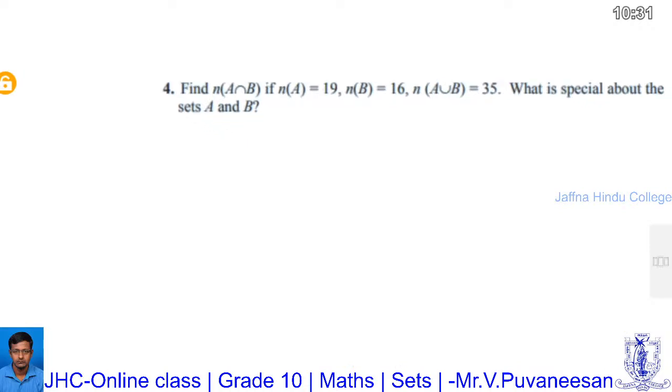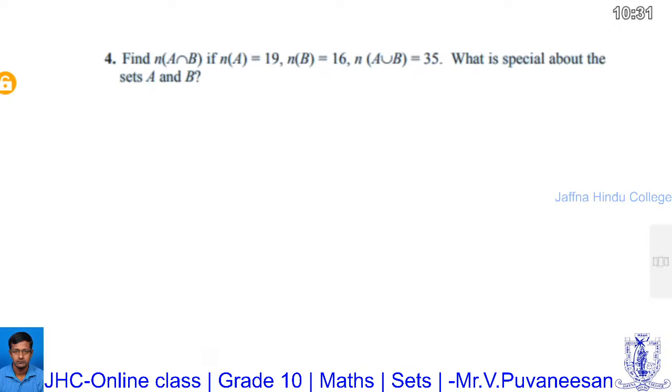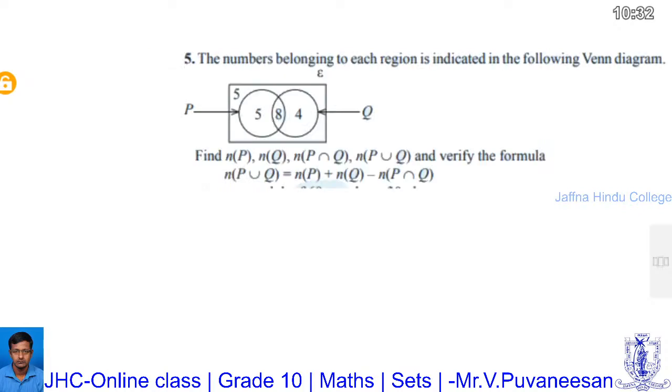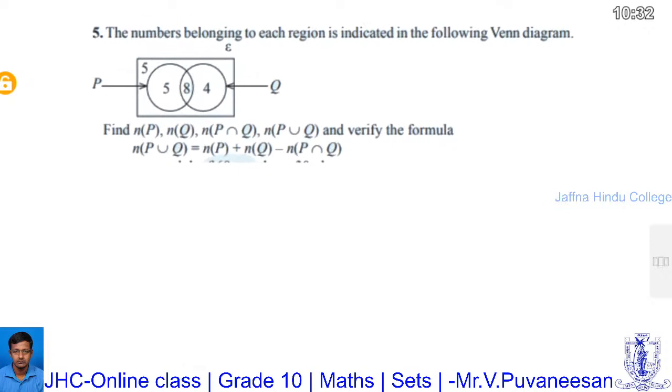Okay, this question is already seen. The numbers belonging to each region are indicated in the following Venn diagram.